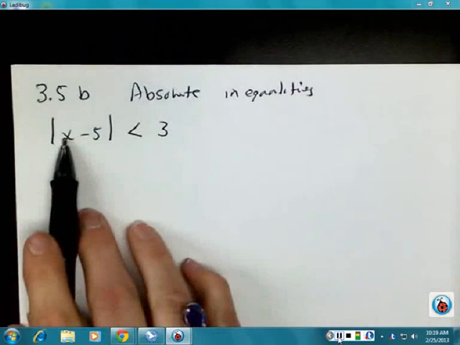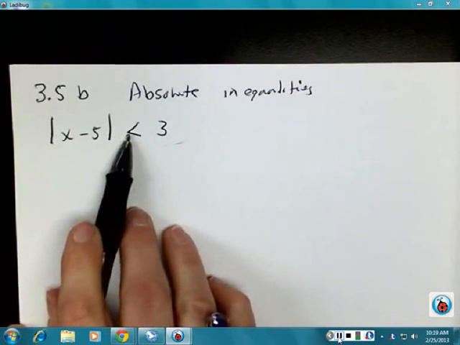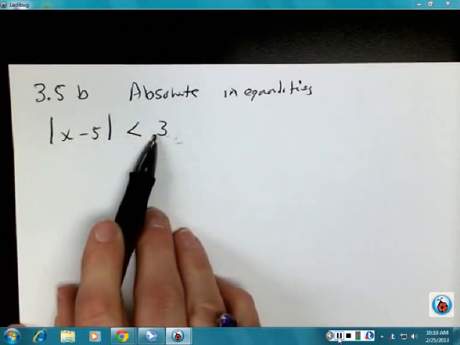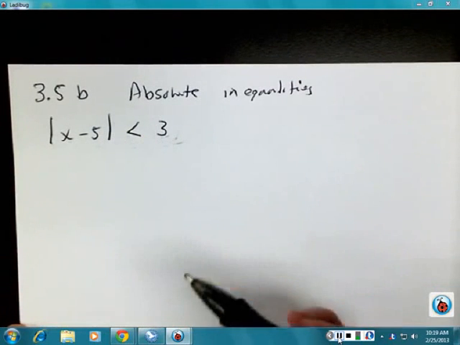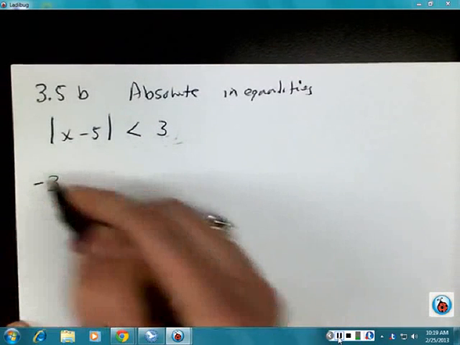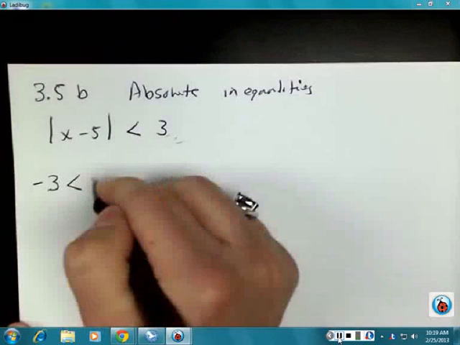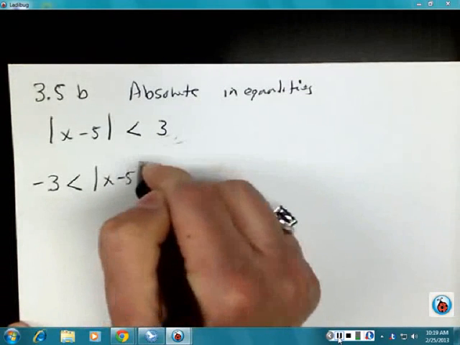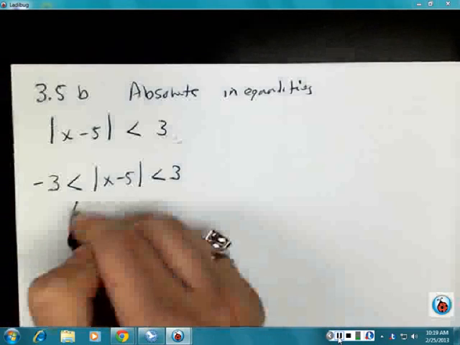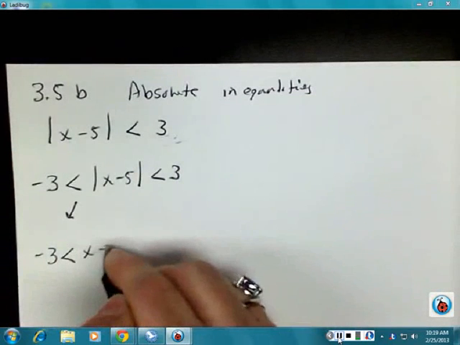Just as in the last section, we have some possibilities. This could be a positive 3, or it could also be a negative 3. To set it up, you put a negative 3, keep the exact same symbol, and put your absolutes in the middle, and that will set up your two pieces. Now realize the first piece is negative 3 is less than x minus 5.